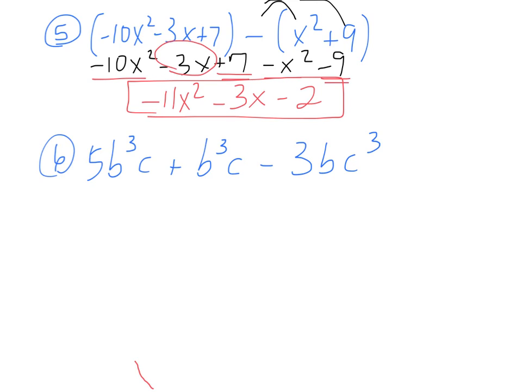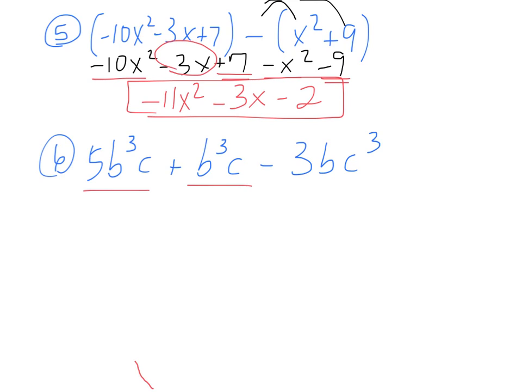Number 6 looks intimidating, however, it's not. The same rules apply for identifying like terms. Is the variable itself the exact same? So looking at these 3 terms, are there 2 terms that are identical in terms of their variables?